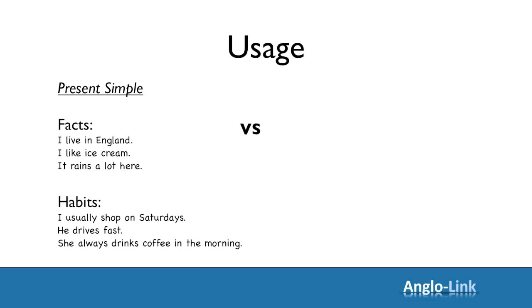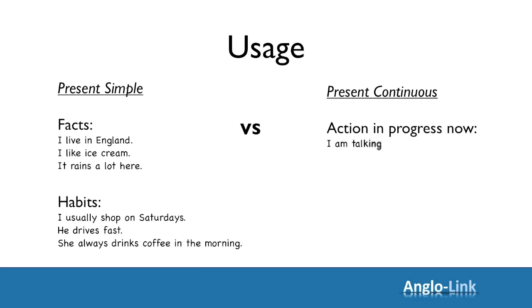Let's look at present continuous now. We use present continuous for action in progress, now, temporary situations, things that are happening now and will stop at some point. Let's look at the examples. I'm talking to you. How about you? What are you doing now?